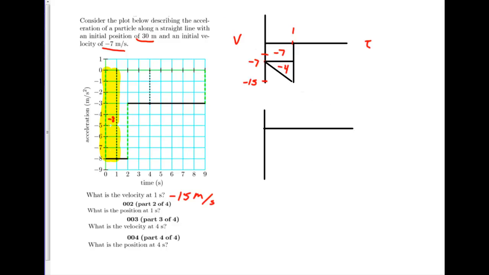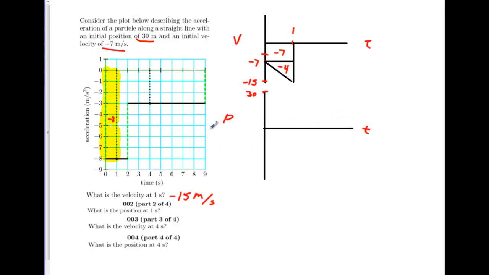Now note, your initial position is going to be 30. So we know we're starting somewhere up above. I'll raise this on up. We're going to put a tick mark right here, and we'll make this 30. And again, this is position versus time.